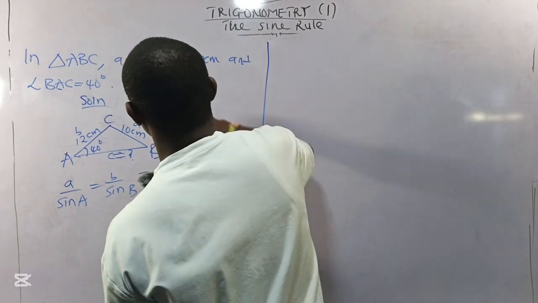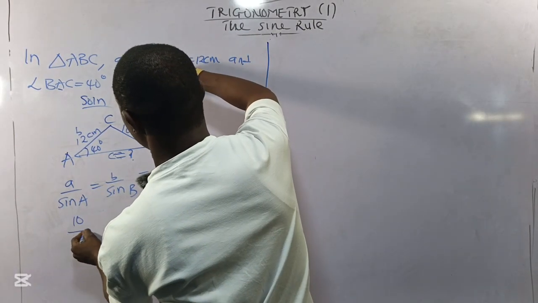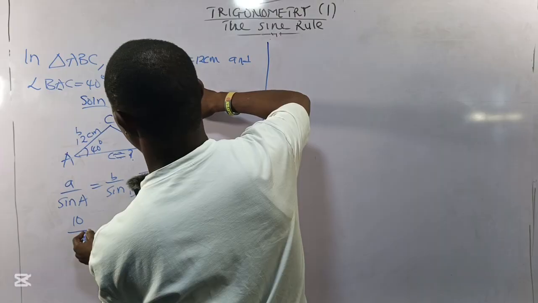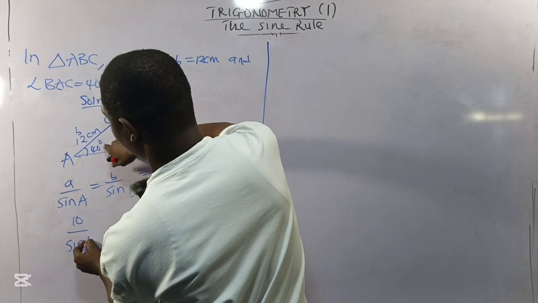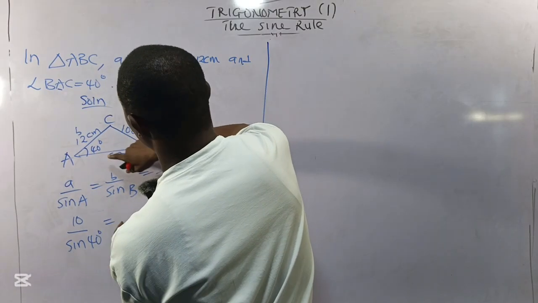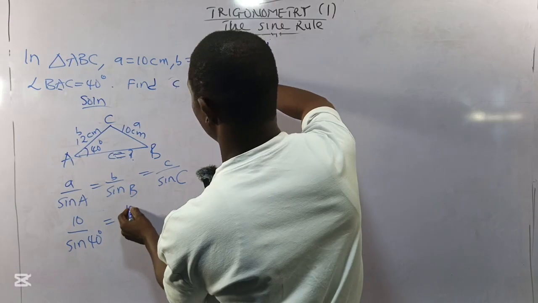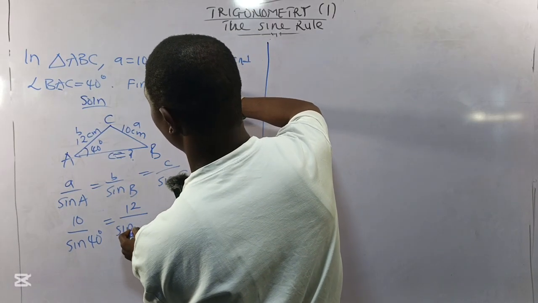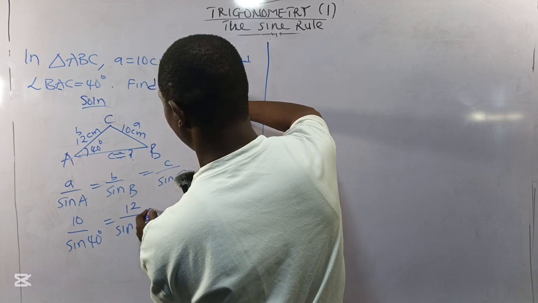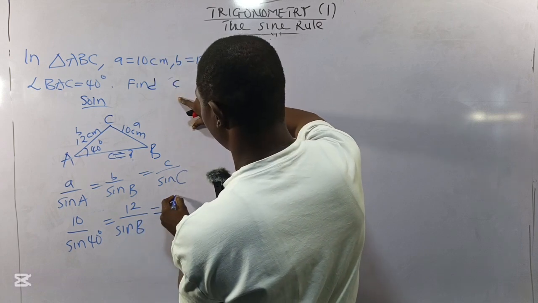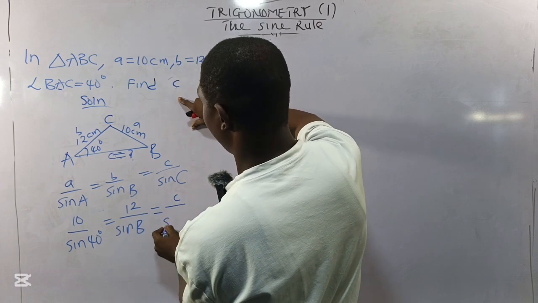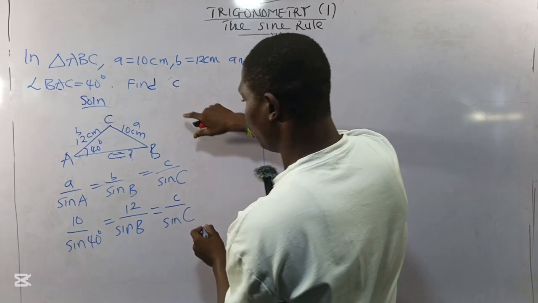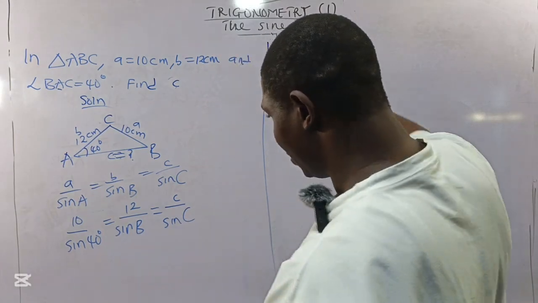I'll put my information. I have my A as 10. My angle A, I have it as 40 degrees. I have my B as 12. And I have my angle B not known. And I have my C, which I'm looking for, and my angle C is also not known. So I have this.